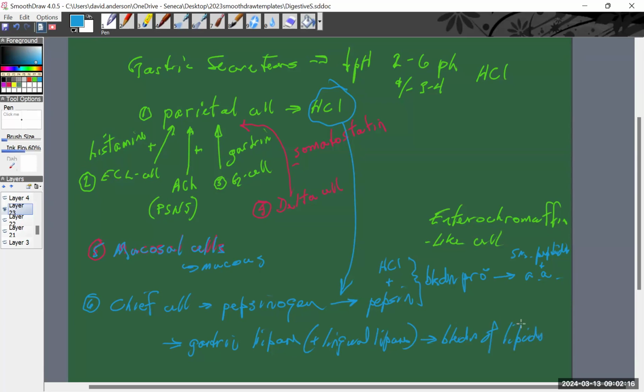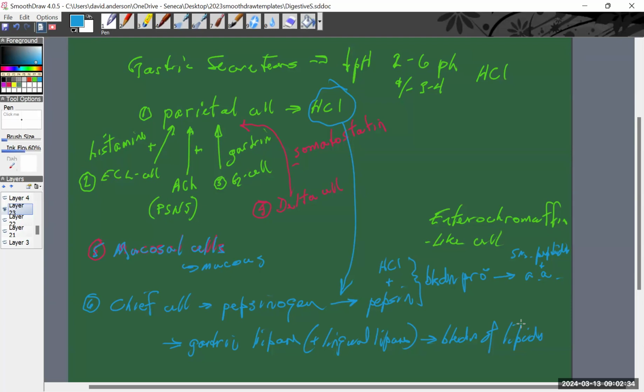So we get a little bit of chemical action on lipids in the stomach as well. I say a little bit because these gastric lipases and the lingual lipases are relatively small amounts working on lipids, but don't have a huge effect.